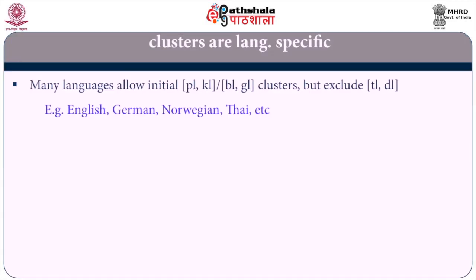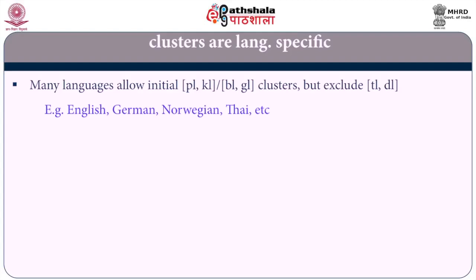Alright. So, you also know that words have clusters in them. You know, kla, samyuktaksharam. In Telugu we say that. Sanskrit also. Many languages allow pla, kla, bla, gla, like English, German, Norwegian, Thai. But all these languages don't allow tla and dla.